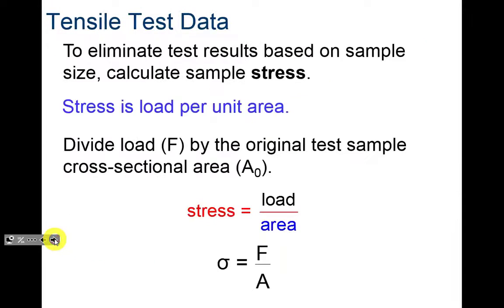All right, a couple equations. Let's go ahead and write down this little sentence. Stress is load per unit area. Stress is load per unit area. The equation is load over area, or the way you'll most commonly see it written is down here where my mouse is, and that is your lowercase sigma, and then force over area.